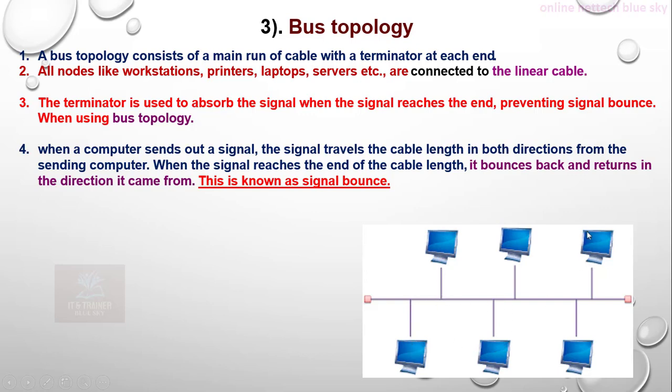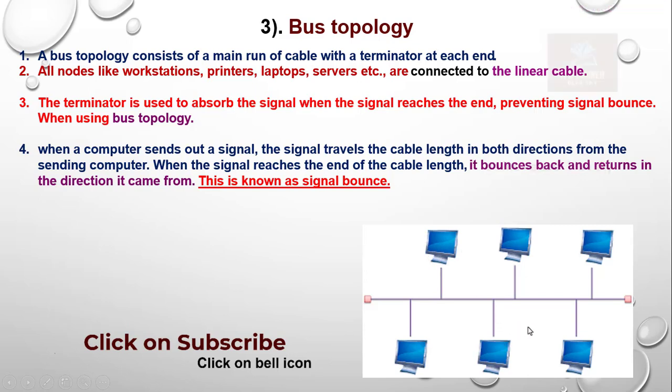But actually this computer only sends to this one. Unfortunately, in bus topology all the data is the same on the main cable, and it depends on bandwidth, which depends on your signal length, meaning cable length.